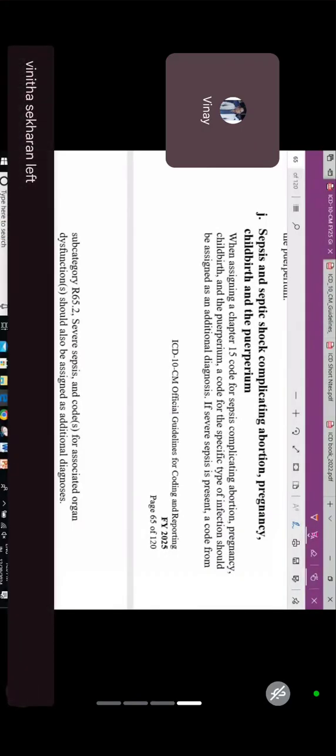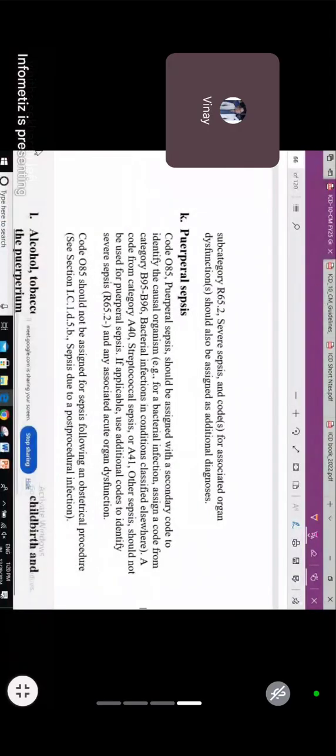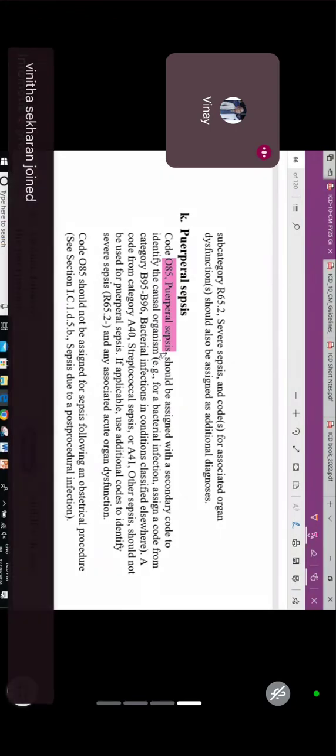Puerperal sepsis is O85, and it should be assigned with a secondary code identifying the causal organism.